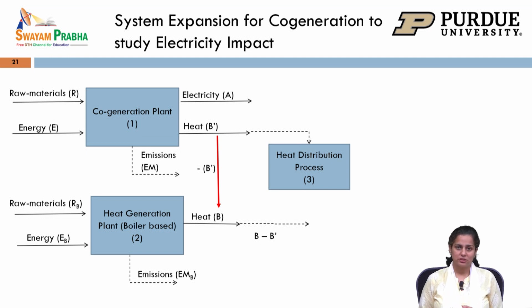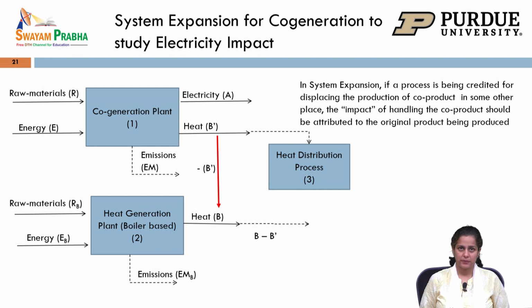So, the heat distribution process, which is process 3, also has its own associated impact, and that impact is going to be also allocated to electricity generation, because without this process, which is the intermediate process, the heat cannot be sent to the market and electricity cannot get the credit for the displaced product of boiler-based heat generation.